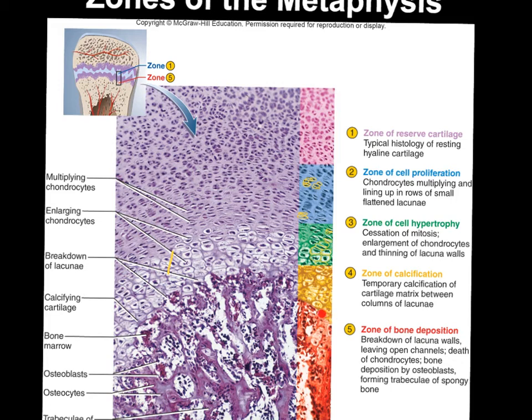In our last zone, the zone of bone deposition, what we actually have is the lacuna walls between the chondrocytes break down, and that leaves these big open spaces, which used to be the lacuna with the chondrocytes in them.